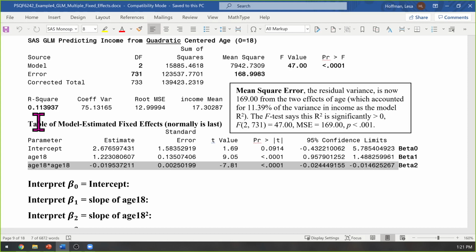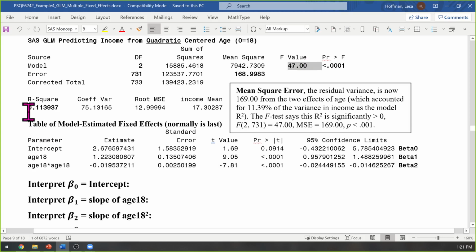So if I added one slope to the model, the test of that one slope is the same test as to whether the R square increase that it generated is significant. So I know from this F that 11% is not 0. I know from this t that the change relative to the previous model is significant.